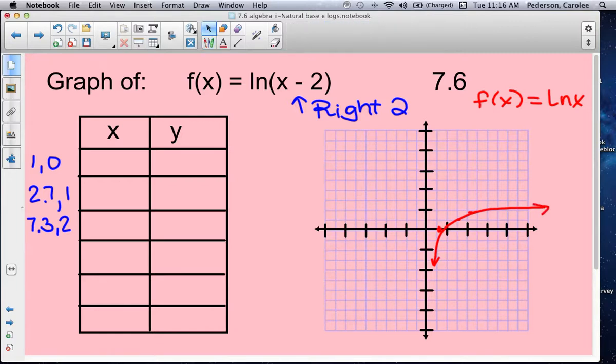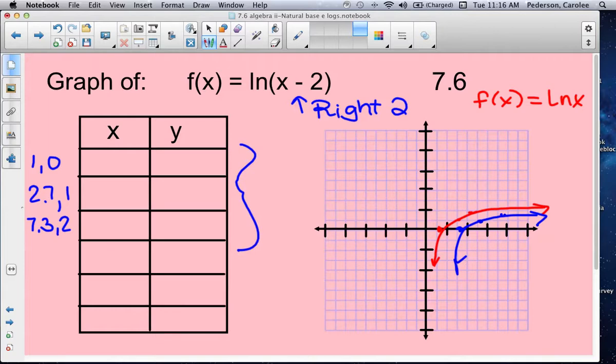If we take those ordered pairs and shift them to the right 2 units, here's this one, and that one. So it looks like that. You can also just add 2 to each of your x values and complete this chart.